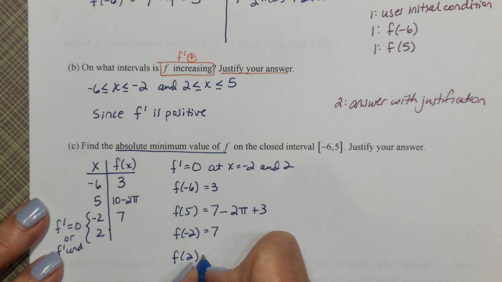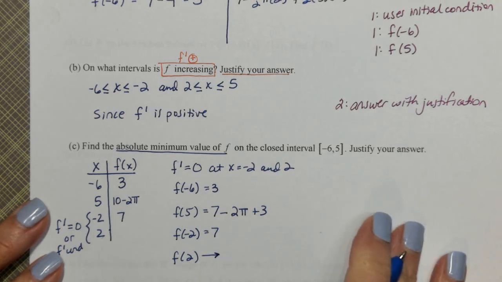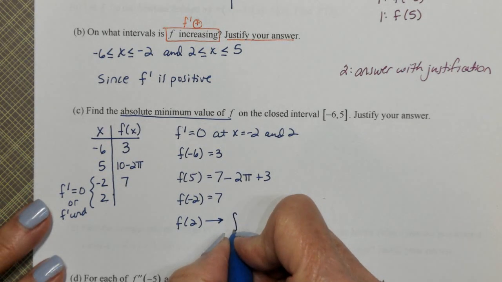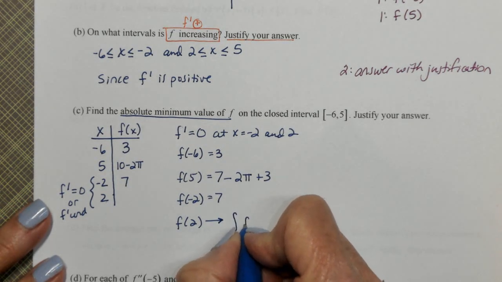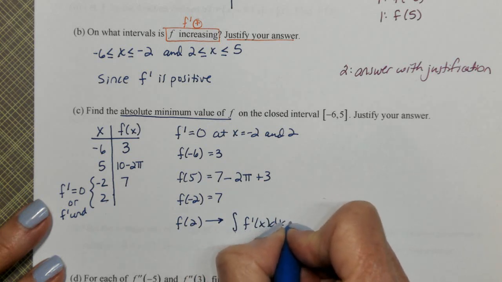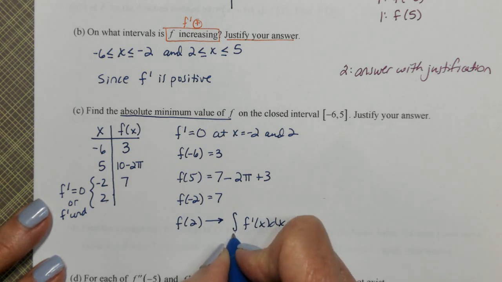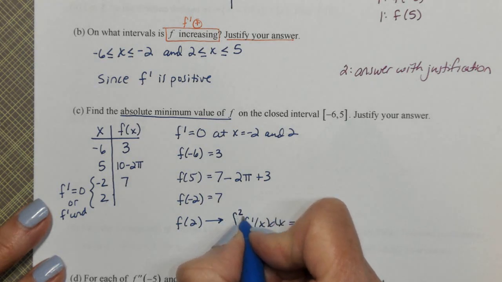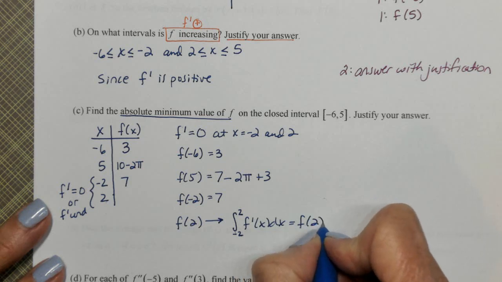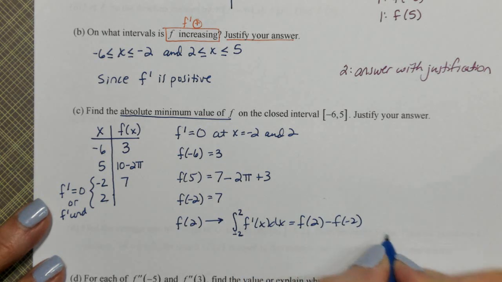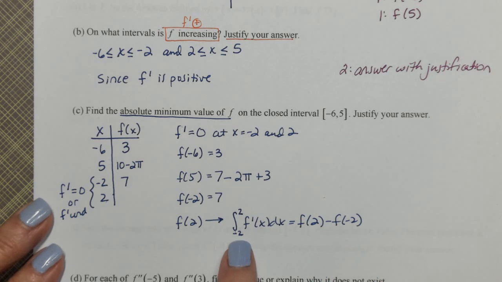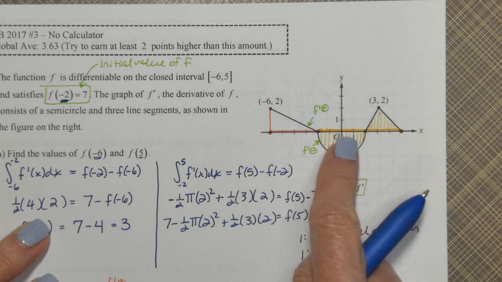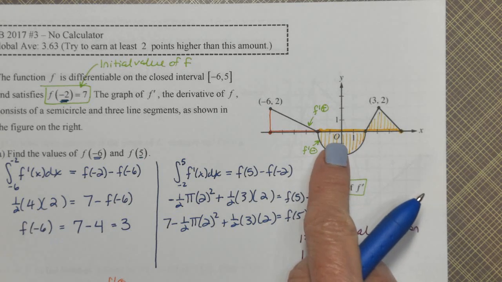So to find f of 2, I'm going to do the same process that I did in part A. The integral of f prime gives me back f. I was given x equals negative 2, and I need to find 2. So this will be f of 2 minus f of negative 2. The integral from negative 2 to 2, that's that negative 1/2 pi r squared.